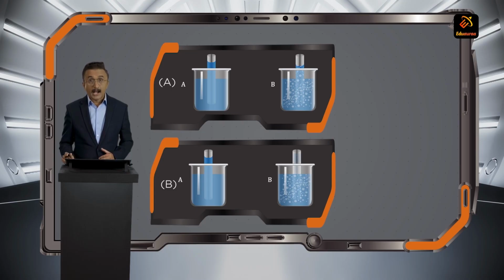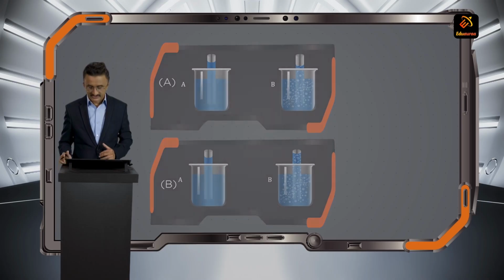And in B, the water level also increases up to a certain height, but the height in B is greater than the height in A. Both the surfaces are concave, but the height in B is greater than the height in A.